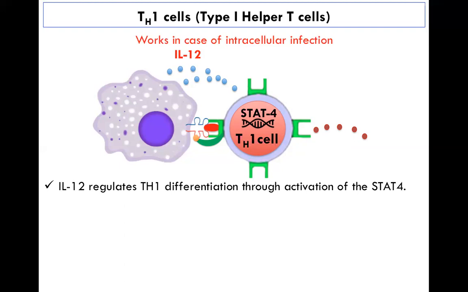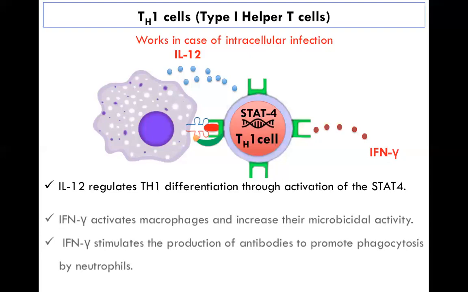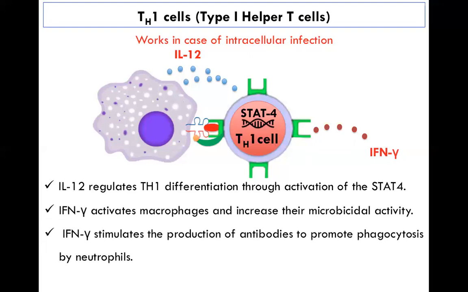Now these cells release certain cytokines. As you can see here, they release IFN-gamma, and this IFN-gamma activates the macrophages and increases their microbicidal activity. This IFN-gamma also stimulates the production of antibodies to promote phagocytosis by the neutrophils. So this is how type 1 helper T cells work.